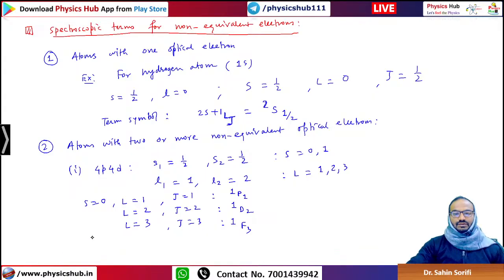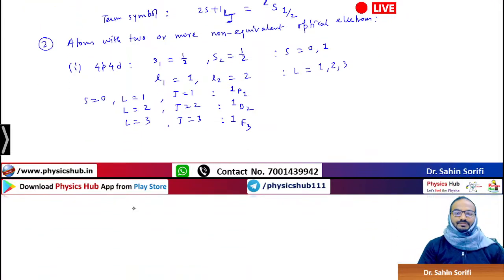S equals 1 can combine with L equals 1, L equals 2, L equals 3.